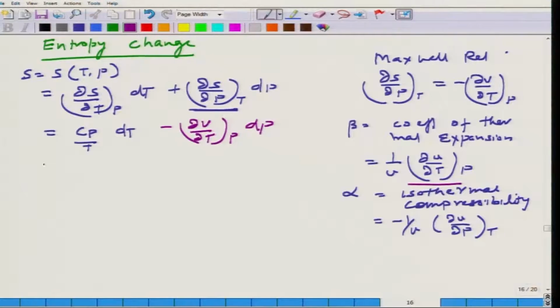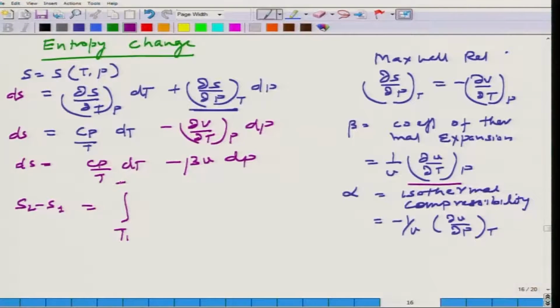So I can write dS as Cp by T dT minus beta V dP. So you can integrate now. This is the way of calculating the entropy with the intensive variables T and P.